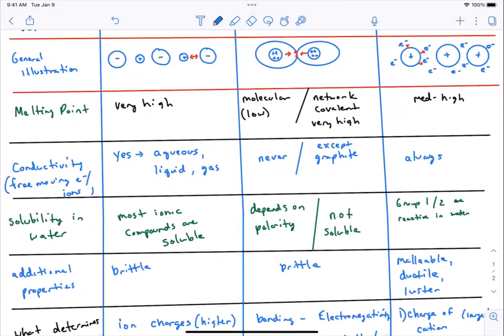So the next thing, like I said, we're not going to cover everything in here. If we have time, we'll talk about the giant network covalent stuff, carbon, like graphite, diamond, and things like that. But I want to skip into Lewis structures because if you haven't talked to you before about it, I have a certain way of doing Lewis structures, the way I was taught, and I like it because it works for all structures.